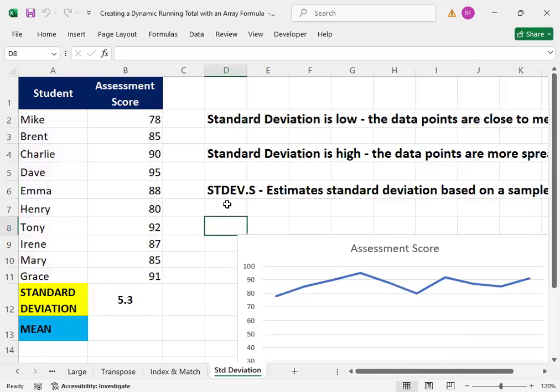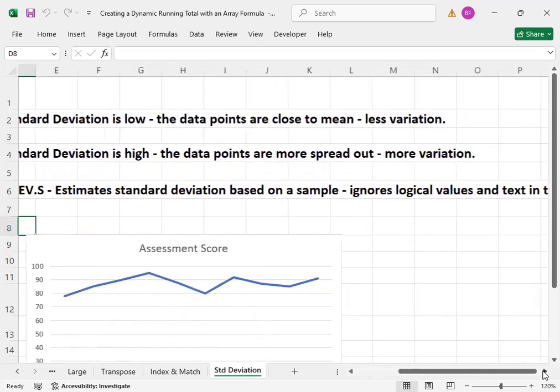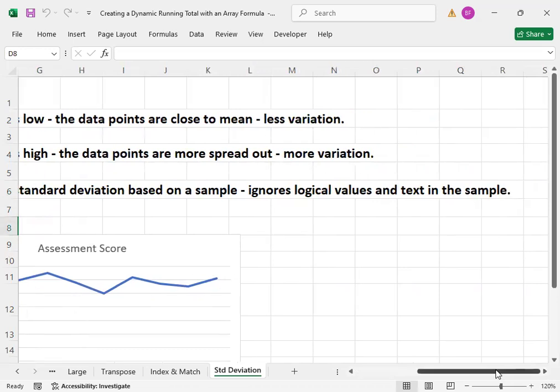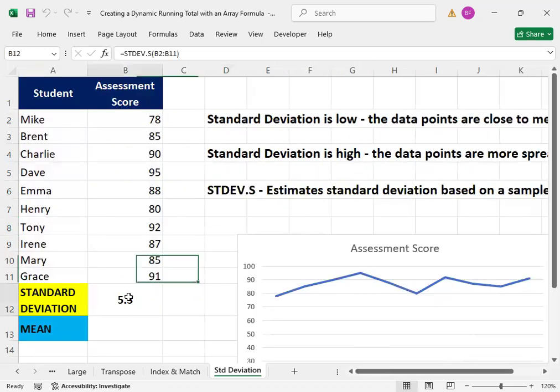So STDEV.S estimates standard deviation based on the sample and ignores logical values and text in the sample. So if the standard deviation is equal to 5.3, it means the scores vary on average by 5.3 points from the mean.